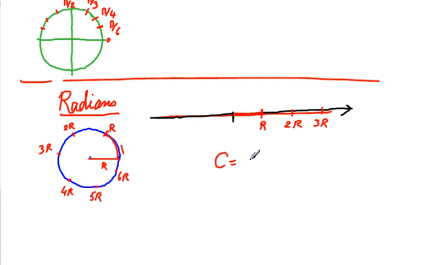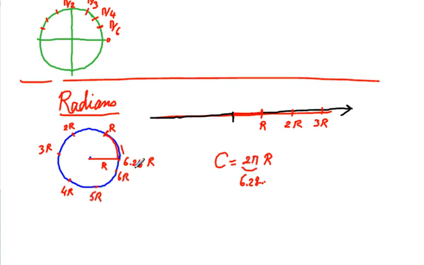C was equal to what? 2 pi times r. Who is 2 pi? 2 pi, 6.28, etc. 6.28 of these strings is going to cover my circle. That is, 6 is going to be short, 7 is going to be extra. If you want to stop right here, it's 6.28 r.